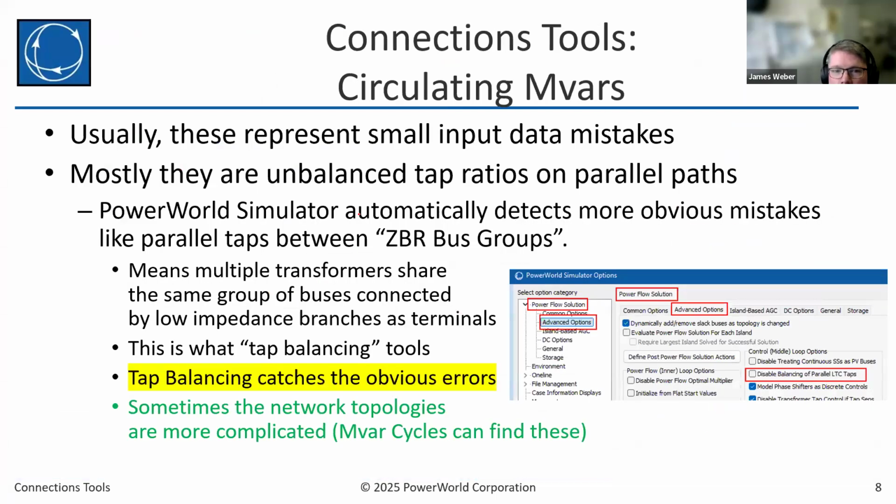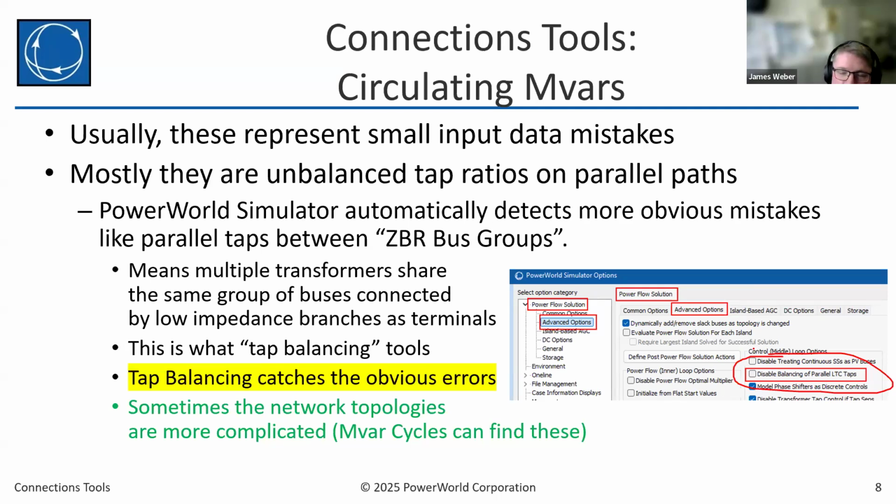All right, so what are we looking for in this tool? The first thing is, even without this tool, in PowerWorld solution options, we have an option called Disable Balancing of Parallel LTC Taps. Normally, we don't want to disable that. If you're not disabling it, PowerWorld does automatically catch very obvious situations of this.